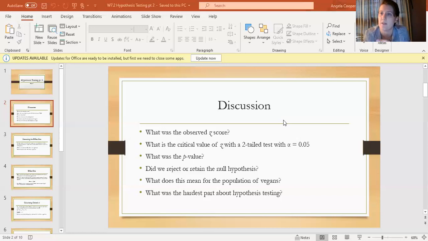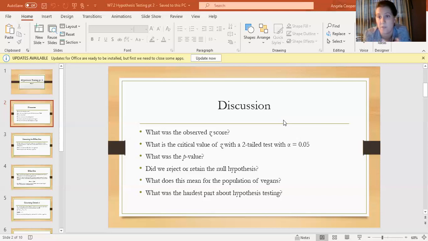So when we're rejecting or retaining the null hypothesis here, we're saying, hey, this vegan population, are they different from the general public population? Are they going to mention their diet at a different rate than the average American?